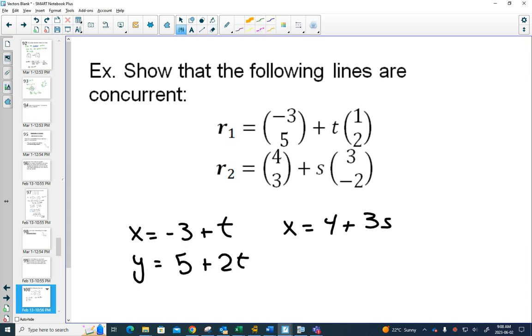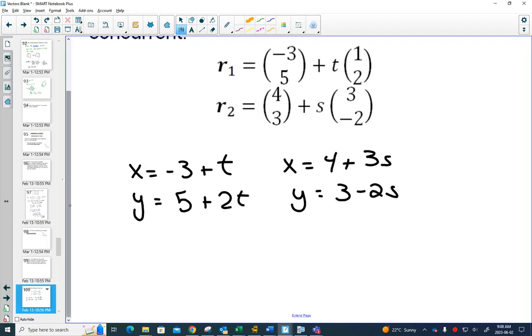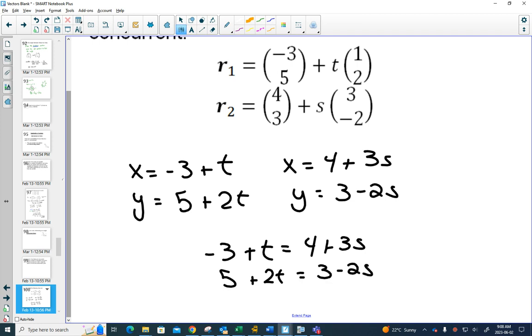So here's my first line. There's my second line. And with your parametric equations set up, if they intersect, the x-coordinates would be the same, the y-coordinates would be the same, so we can do a little substitution here and get -3 plus t is equal to 4 plus 3s, and 5 plus 2t is equal to 3 minus 2s.